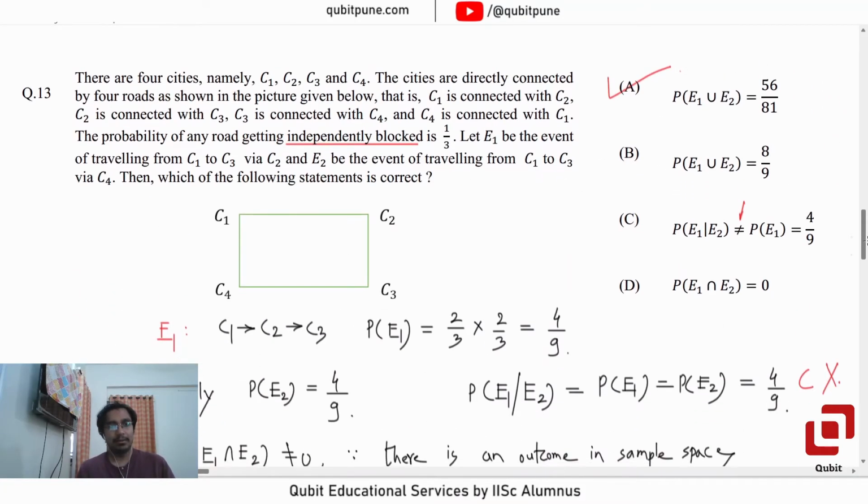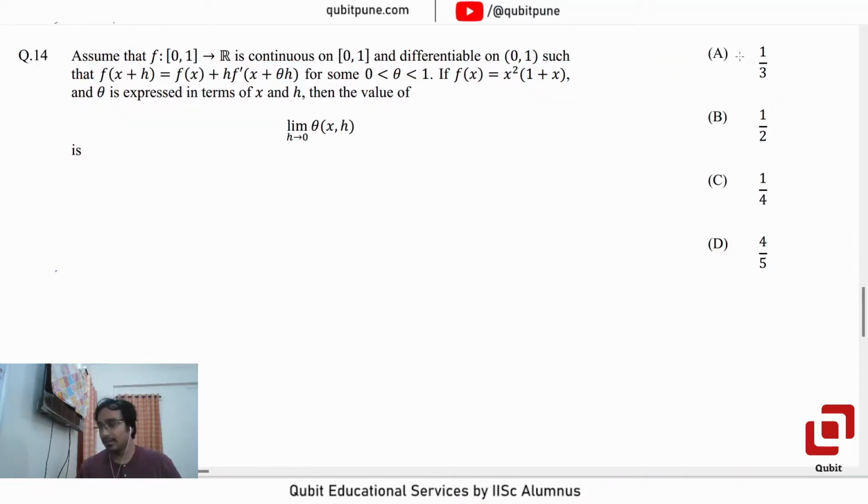So that was the probability question. Question number 14. Assume that f is a function defined on the closed interval 0 to 1 to the set of real numbers. It is continuous on closed interval 0 to 1 and differentiable on the open interval 0 to 1, such that f of x plus h is equal to f of x plus h into f dash of x plus theta h for some theta in between 0 and 1.